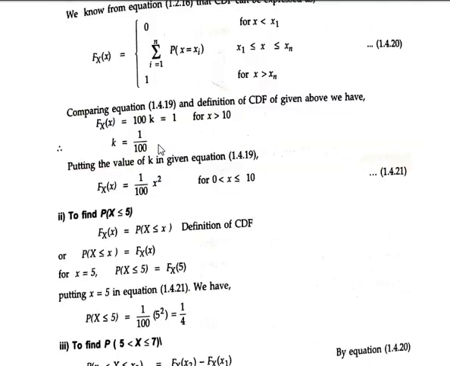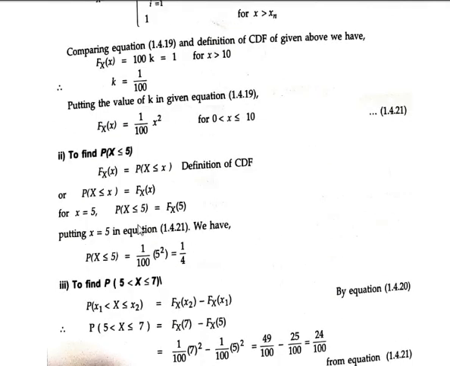So P of x less than or equal to 5 is fx of x, which is k times x square, so 1 by 100 times x square in between 0 to 10.